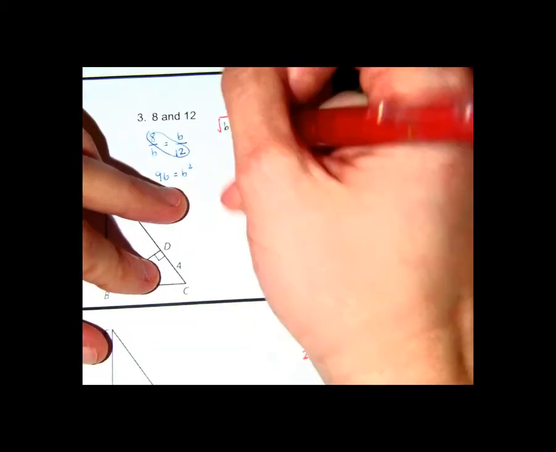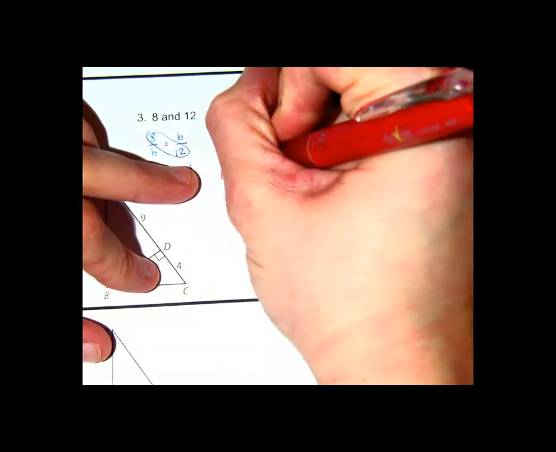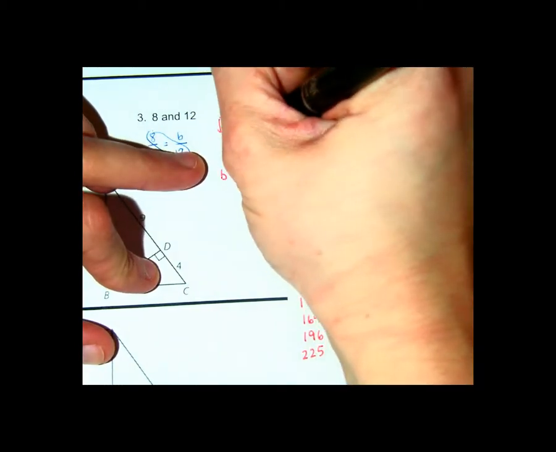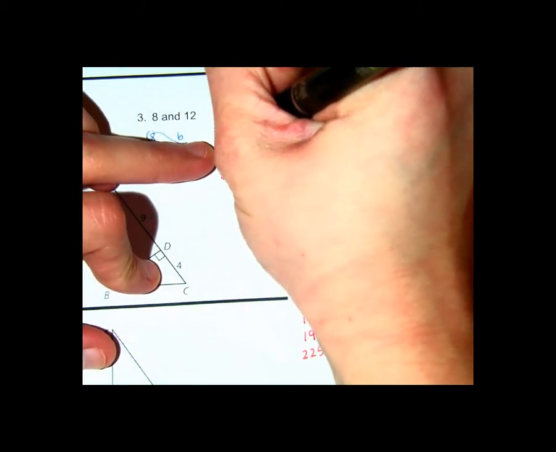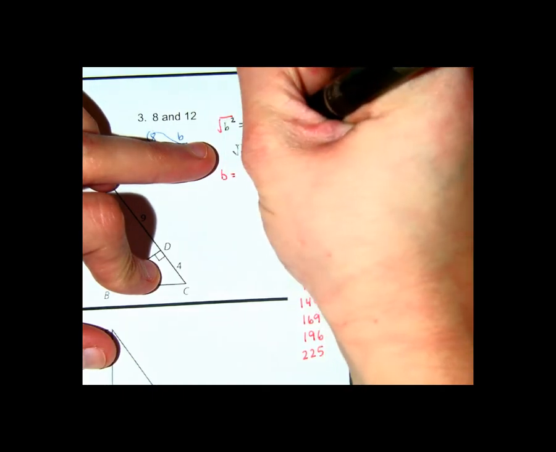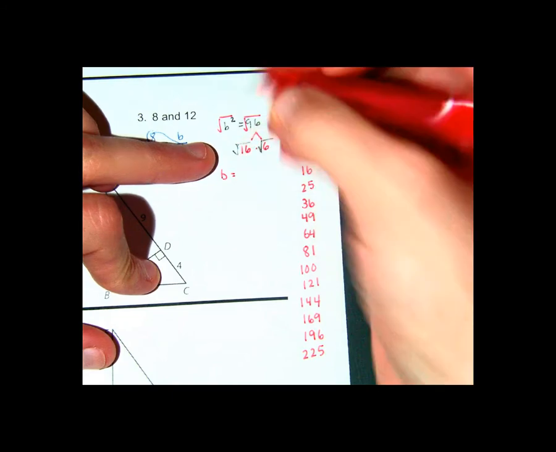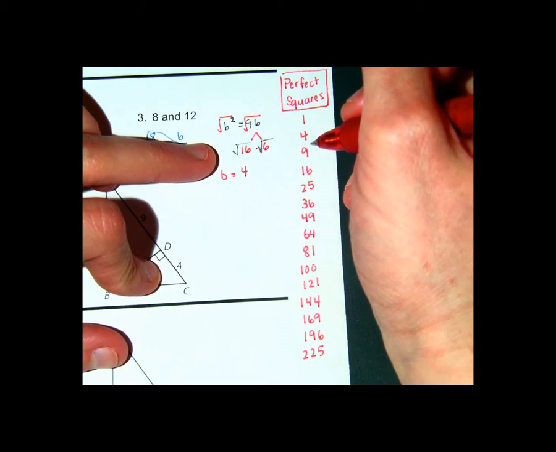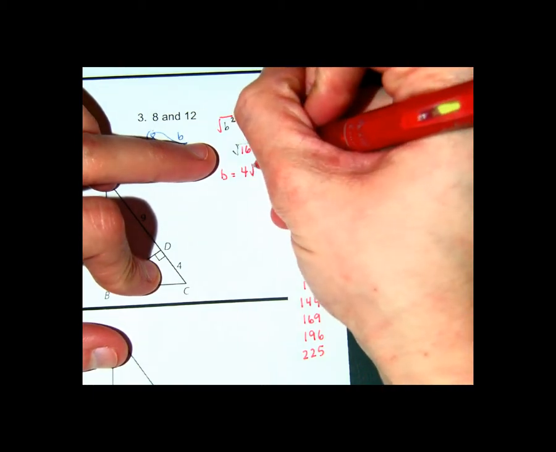Okay. Then we write b equals... what's the square root of 16? What about square root of 6? You can't, it's some decimal, so we're just going to leave it alone.